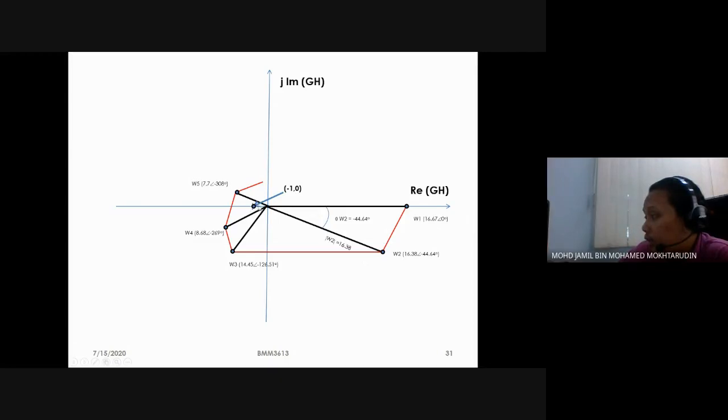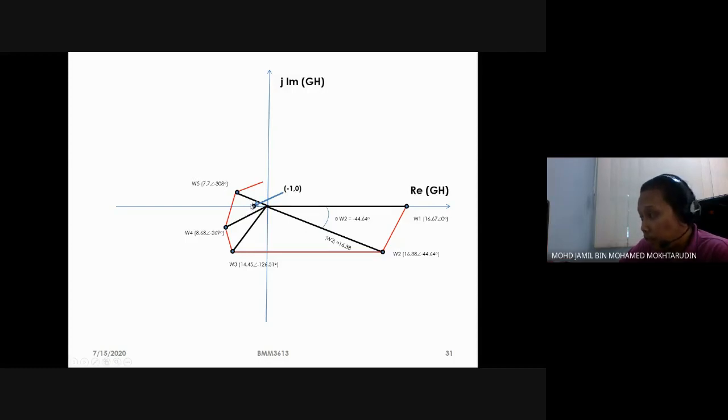Okay, and then after that, you need to put the -1 point on the S-plane. So that's why I said you need to agak-agak the angle, but the magnitude you need to measure almost exactly lah, so that you know that the Nyquist plot either intersects after -1 or before -1.